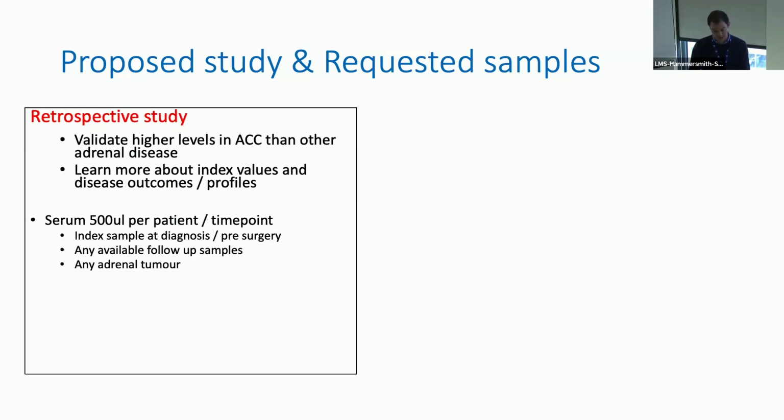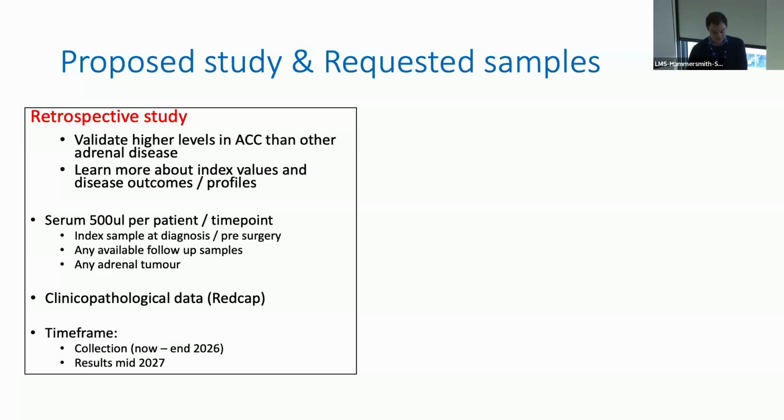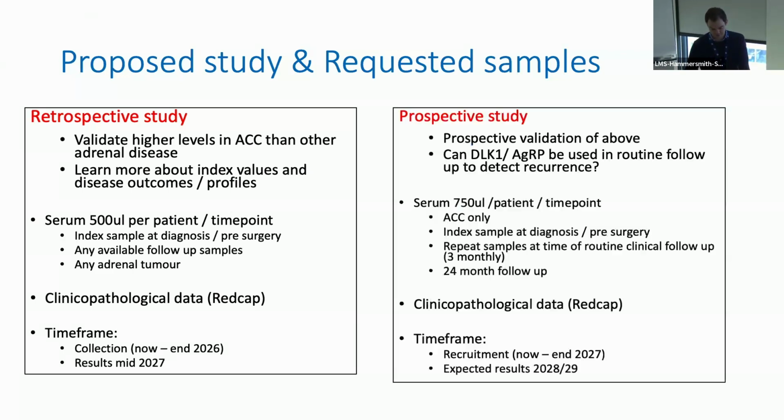We're asking for samples at diagnosis or pre-surgery, and then any available follow-up samples. A lot of places across Europe have active ongoing biobanks with a lot of these samples ready to go. So that's the plan to get this going. And then the relevant clinico-pathological data, which we enter into REDCap, as with all NSAT things. As soon as the project goes live, which hopefully should be in the next couple of months or so, we can start collecting.